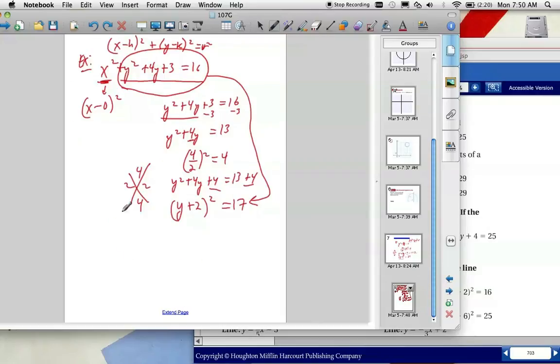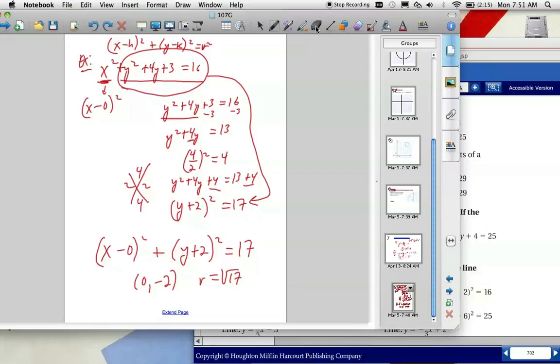My new equation is x minus 0 squared plus y plus 2 squared equals 17. So my center is 0, negative 2, and the radius is the square root of 17.